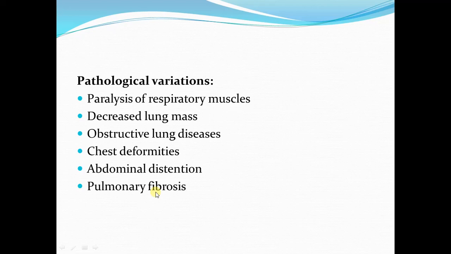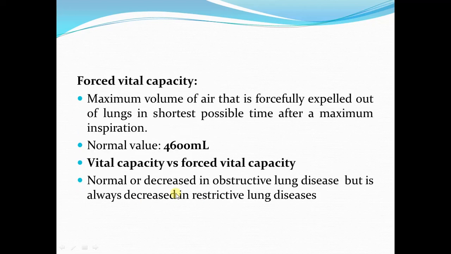So in pulmonary fibrosis, which is also categorized as a restrictive lung disease, there is a decrease in the lung volumes and capacities because fibrous tissue is not as stretchable as the elastic tissue normally present in the lungs. So these were different pathological variations in the lung volumes and capacities.